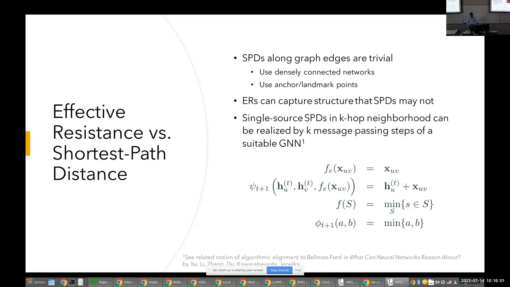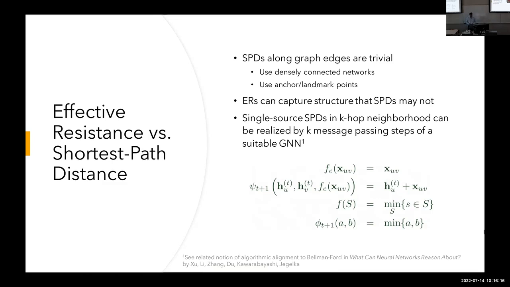And all you need to know really is that this MPNN that I've defined here is pretty much simulating Bellman-Ford. Okay, so this is actually quite similar to this work on algorithmic alignment by Xu et al., where they algorithmically align to Bellman-Ford.